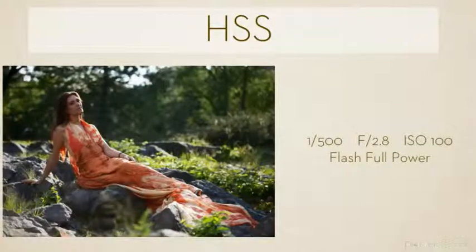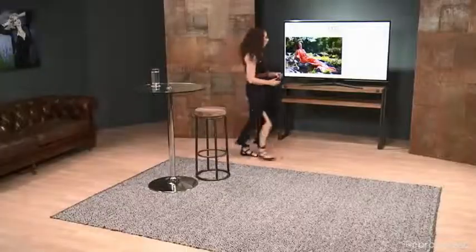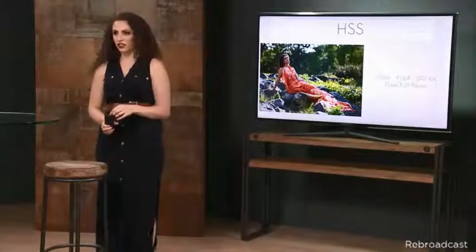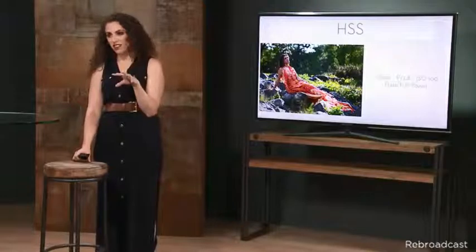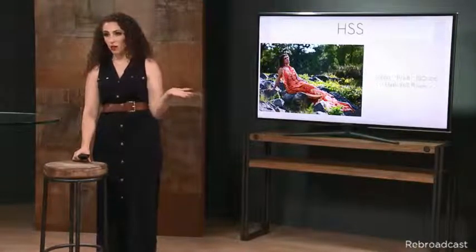So what it does is it darkens down the ambient. Okay, I ran into a problem though. Because I now switched over into high-speed sync, doesn't it look like there's no flash? Because all those little pulses don't have enough power. So it's not showing up.